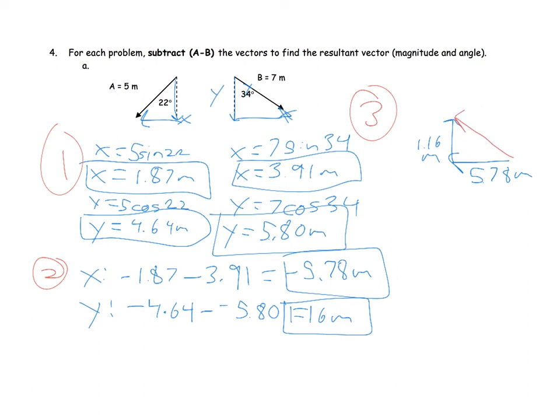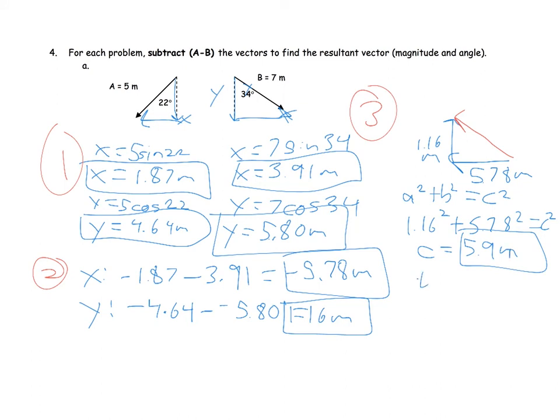So there's our resultant, and we can go ahead and Pythagorize this to get the value of the hypotenuse. So a squared plus b squared equals c squared. So we have 1.16 squared plus 5.78 squared equals c squared. And so we get here that c is going to be equal to 5.9 meters, so that's my magnitude. And the angle, I'm going to say tangent of theta is opposite 1.16 over adjacent 5.78.